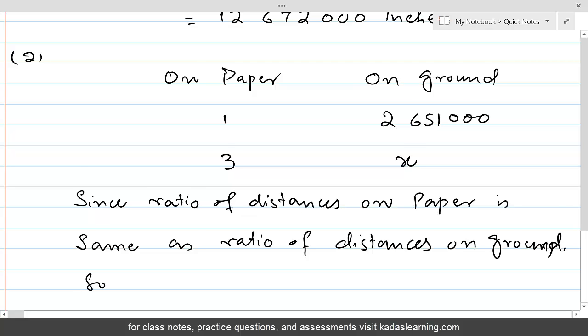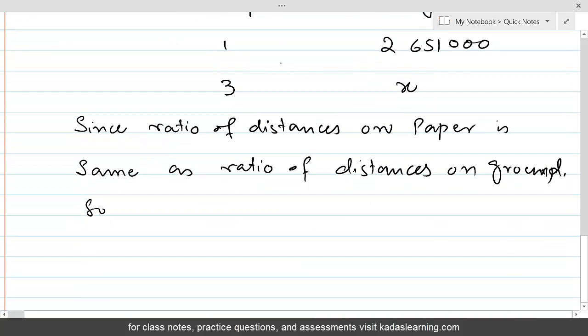So this cross multiplication thing, or if you do it just like this, 1 over 3 is equal to 2,651,000 over x. This at the end, this also follows the same cross multiplication.